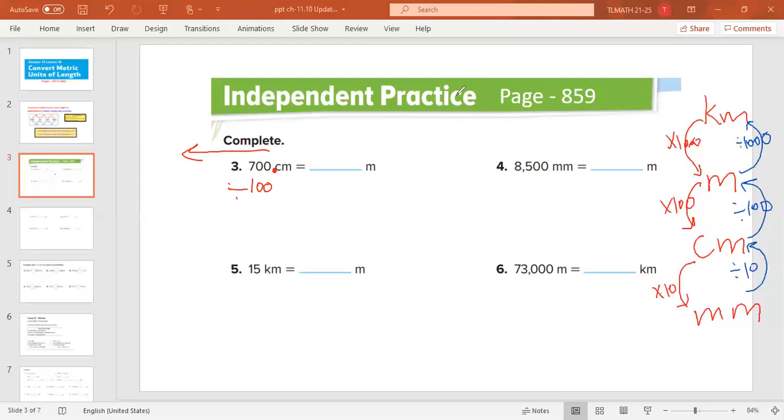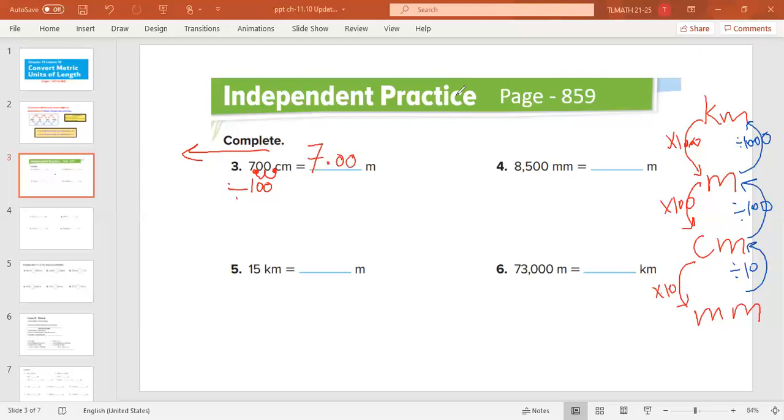Now, how many decimal places should I move my decimal point? It will be 2 decimal places. Why? Because I'm dividing by 100. So let's move my decimal point 2 decimal places to the left. This is 1 and this is 2. So my decimal point will be here. Now the answer is 7.00.